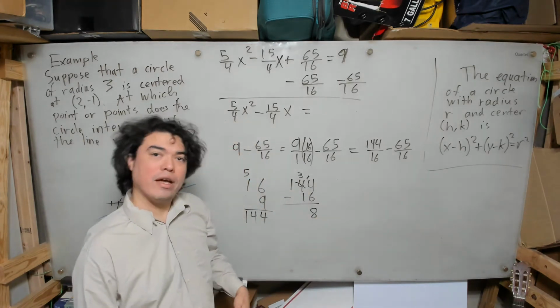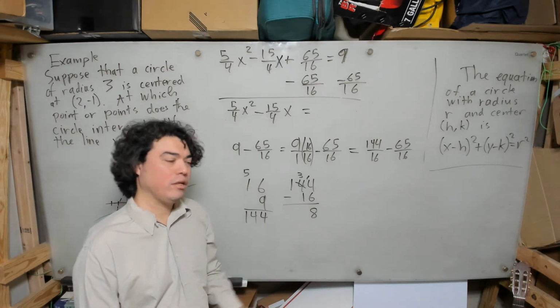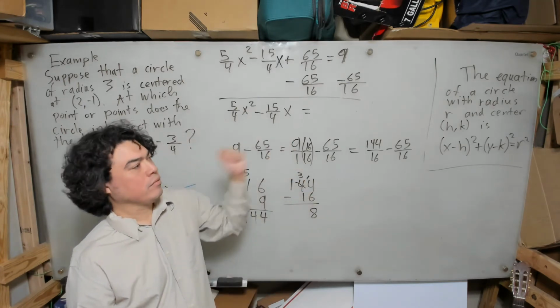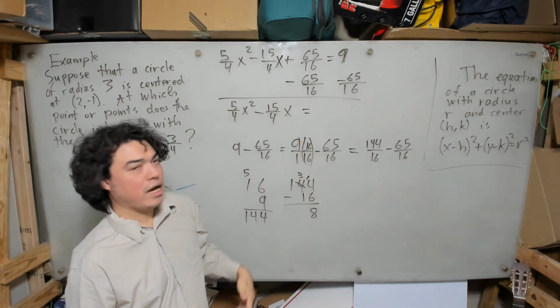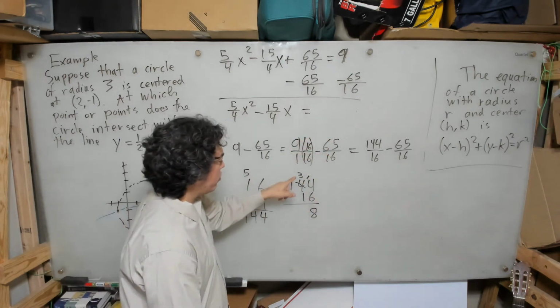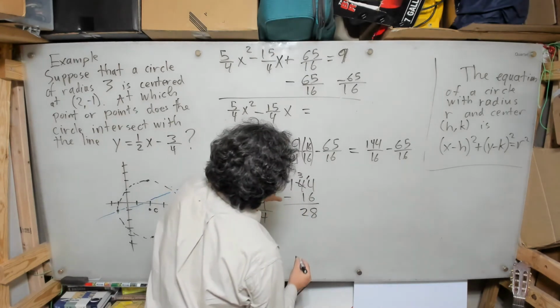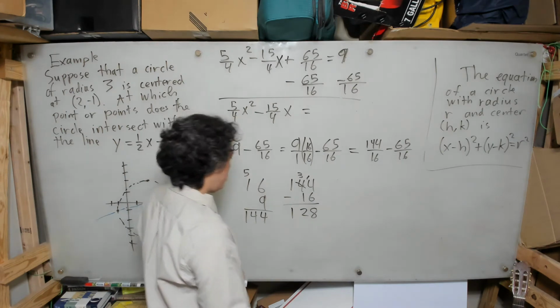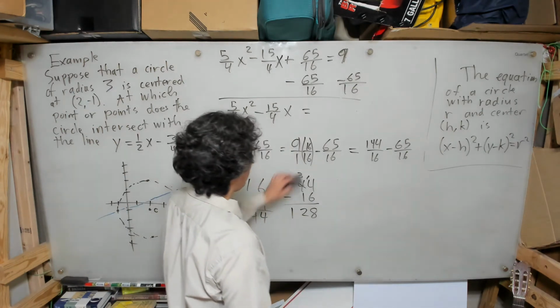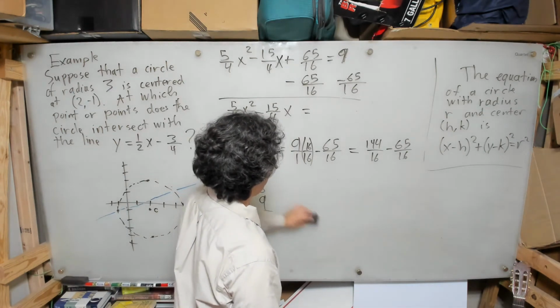If I add 6 to 8, will I get 14? Let's do that together. 8, 9, 10, 11, 12, 13, 14. I had to add 6 to get to 14. 3 minus 1 is 2. And then I bring down the 1. 128. Wait, what? Oh, I was subtracting 16. I was supposed to subtract 65. I apologize about that, guys.